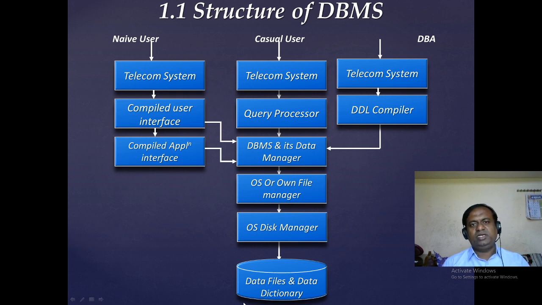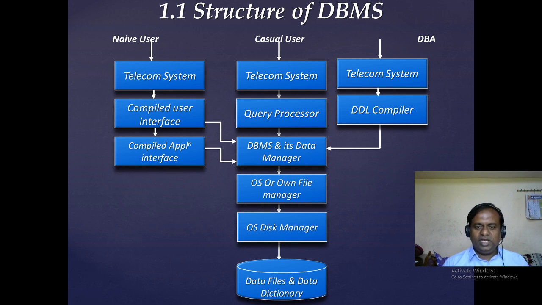Second time, when the user tries to access the information, that will be executed from query processor. Query processor will ask data manager to look for the file specified record. Data manager will ask for file manager to search the file. File manager will ask to disk manager to locate the file, and disk manager will actually go to the disk and locate the file, and the content will be obtained.